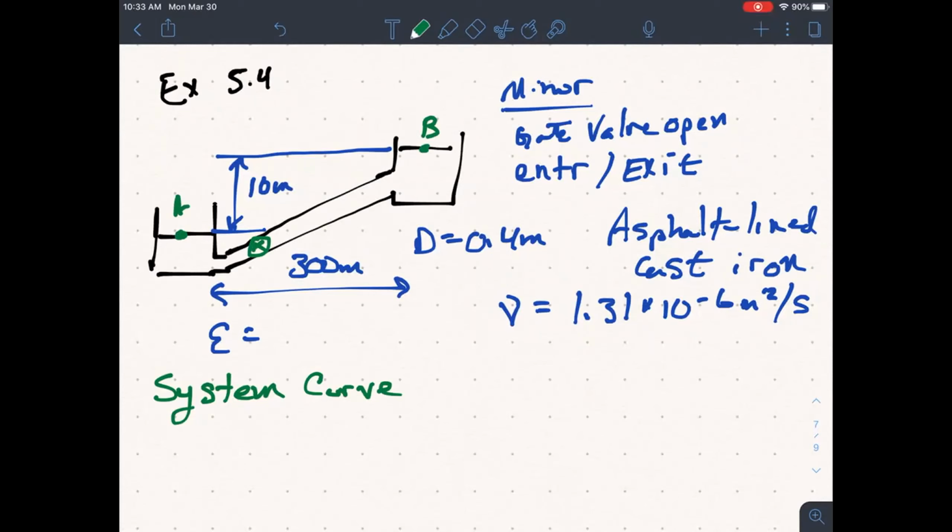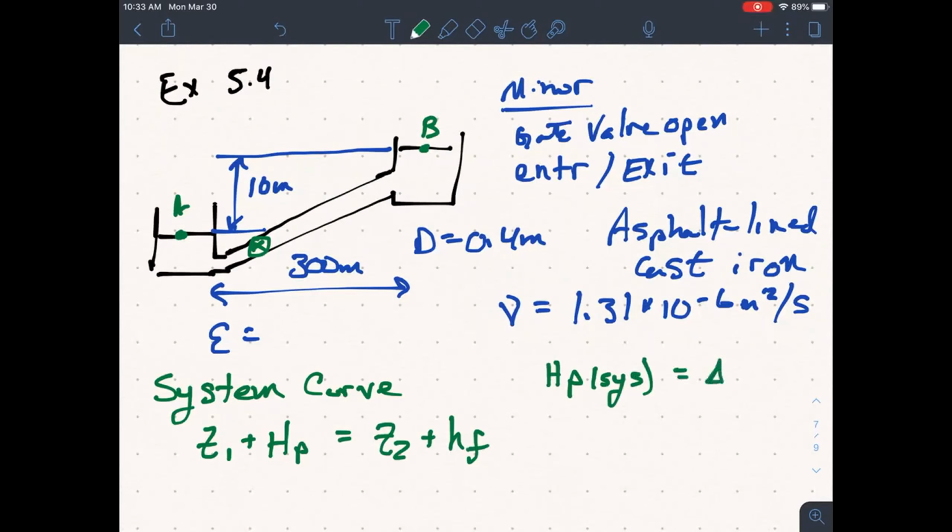So we'll say Z1 plus HP, so the pump goes on the left side, is equal to Z2 plus our friction losses, which will be major and minor. And so to write the system curve, we just have to put it in terms of HP. So this is HP system. The head that the pump has to overcome is going to be equal to delta Z plus HF. So this is typically what your system curve equation will look like.